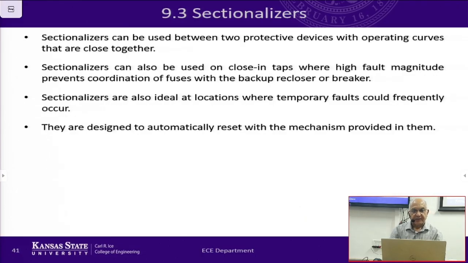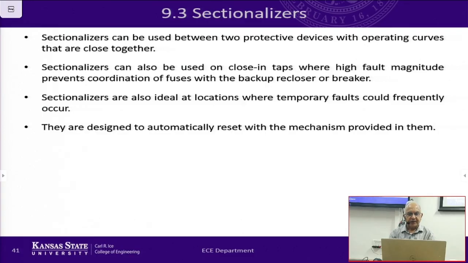Sectionalizers can be used between 2 protective devices with operating curves that are close together. They can also be used on closing taps where high fault magnitude prevents coordination of fuses with the backup recloser or breaker.